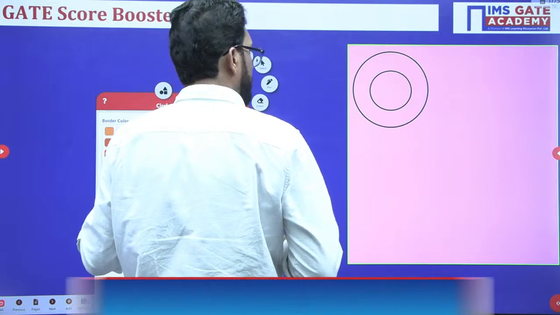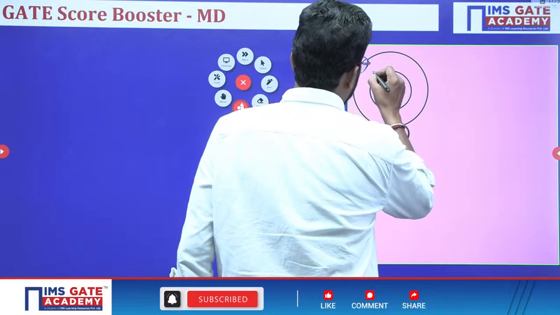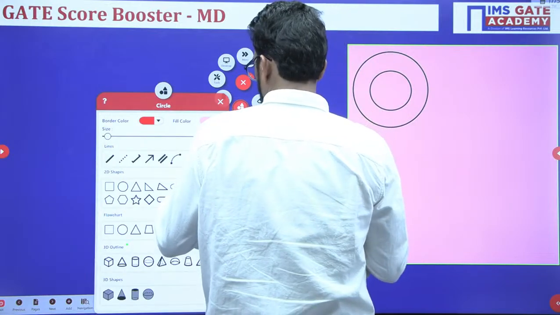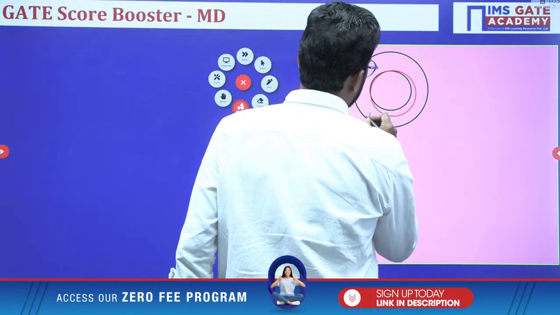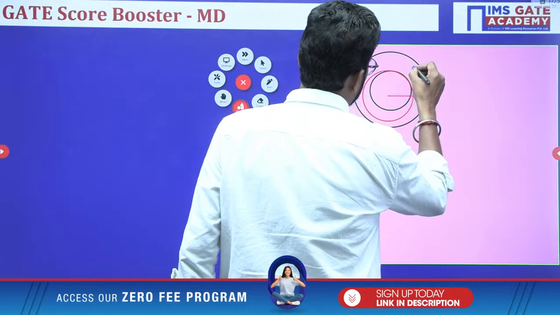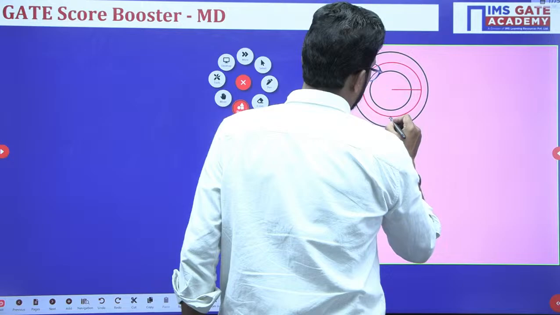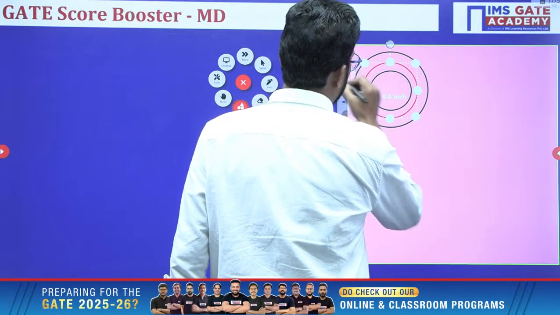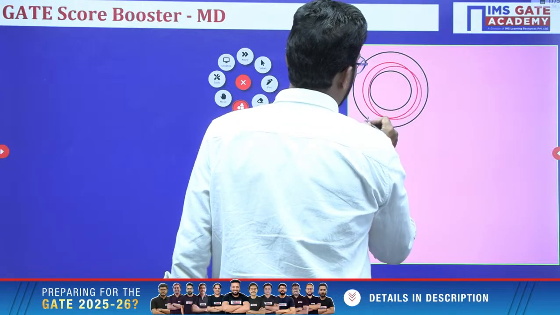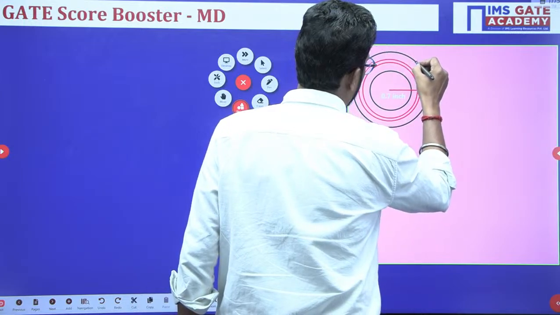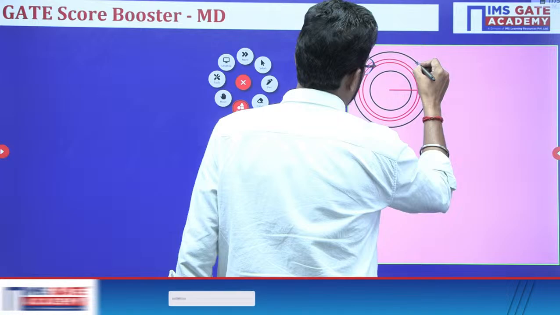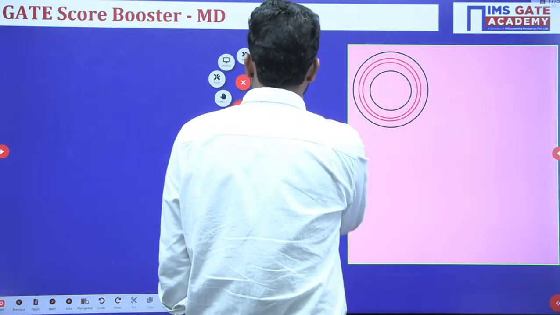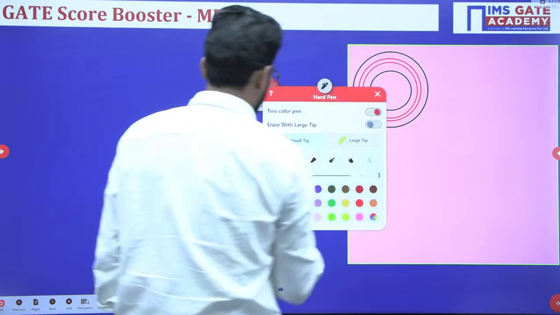Let's suppose this is our elemental ring.